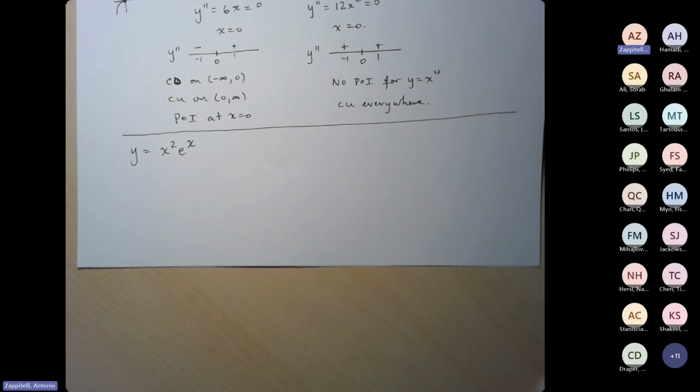And be very careful when you're taking the second derivative. Make sure you take the first derivative correctly and then the second derivative, okay? Because it's going to take a bit of time to take these derivatives. All right, go ahead.